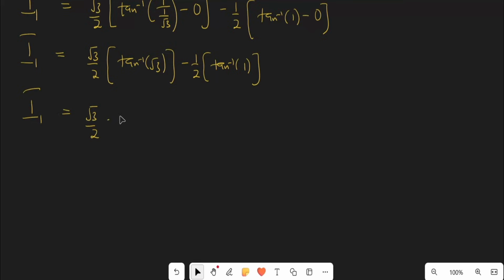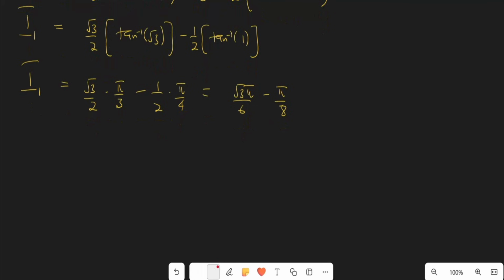Tan inverse of the square root of 3 is pi over 3, because tan of pi over 3 is the square root of 3. Minus 1 over 2 times tan inverse of 1, which is pi over 4. So this simplifies to square root of 3 pi over 6 minus pi over 8. Alright, so this is what we have for I1.